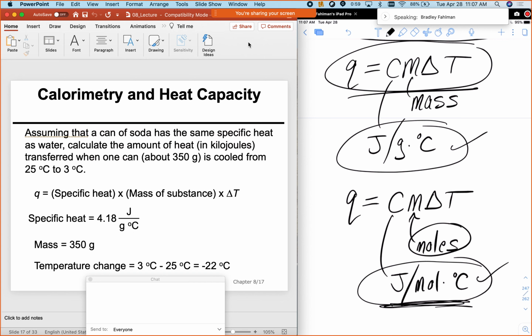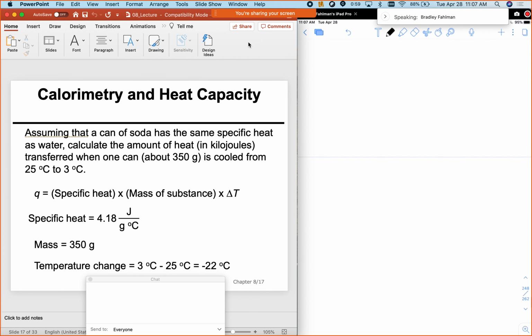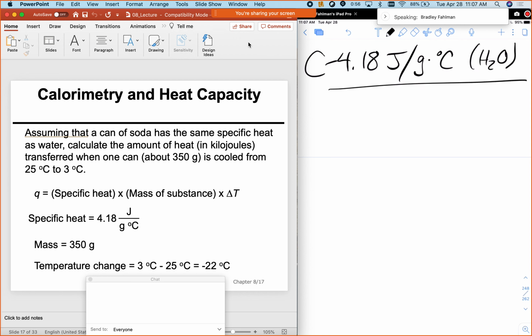So here is one variety of a question. Assuming a can of soda has the same specific heat as water, and I would have to tell you that somewhere in the question, that is the heat capacity for water. Calculate the amount of heat in kilojoules transferred when one can is cooled from a certain temperature to a certain temperature.